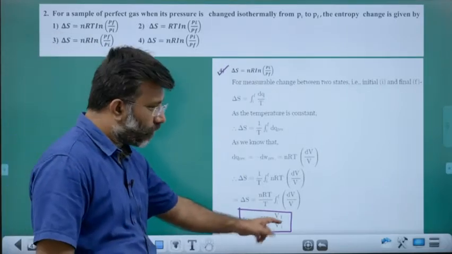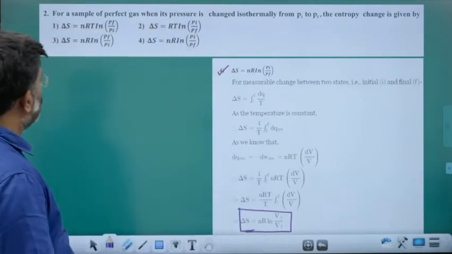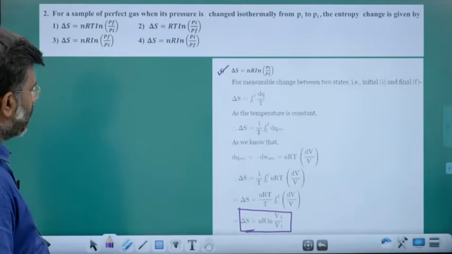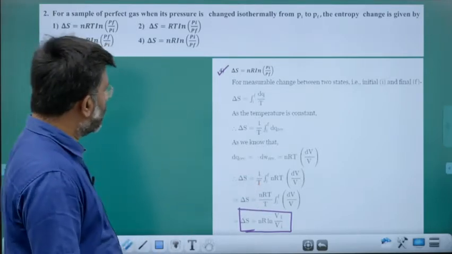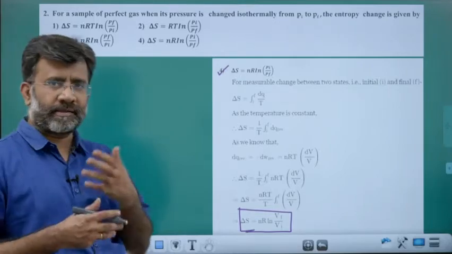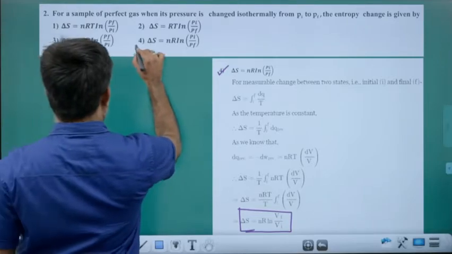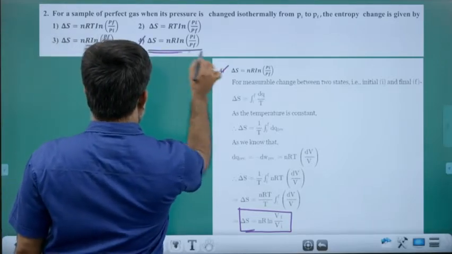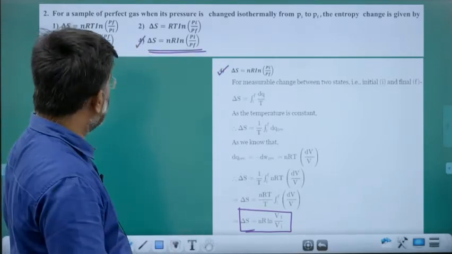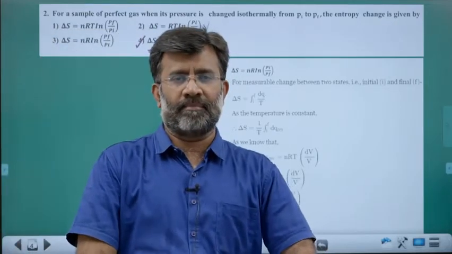Remember, that is for volume. And here what we need to find out is in terms of pressure. So V final by V initial becomes P initial by P final. That's all, because they are inversely related. So which choice? We will get the fourth choice. Delta S is equal to nR log P initial by P final.